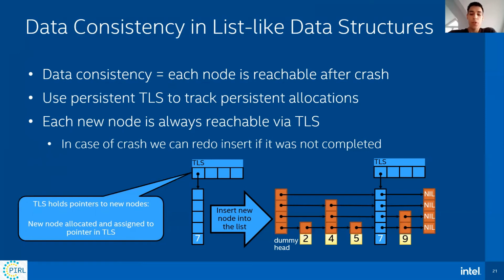So when we first allocate a new node, we put that in the TLS and only then loop through all the previous pointers and update them to point to our new node. When this is done, we can safely remove the node from the TLS. This operation is safe because even if the whole procedure is interrupted in the middle, we can still redo the operation on restart.